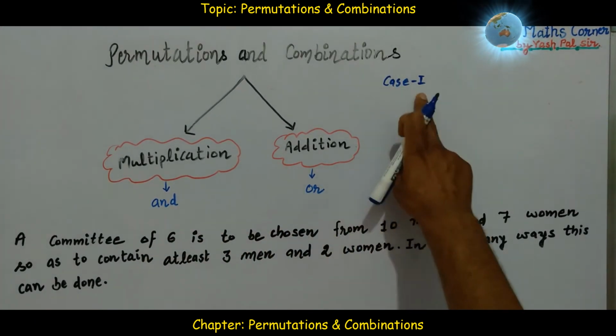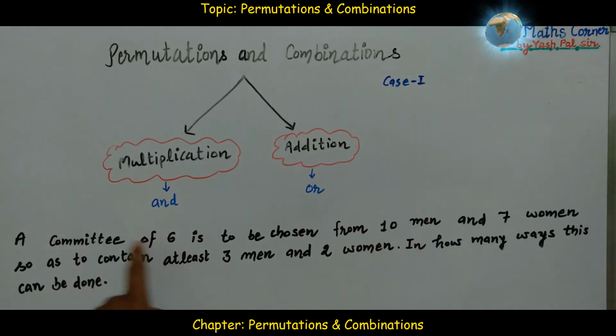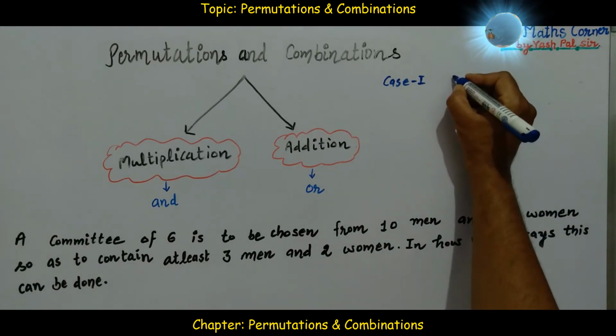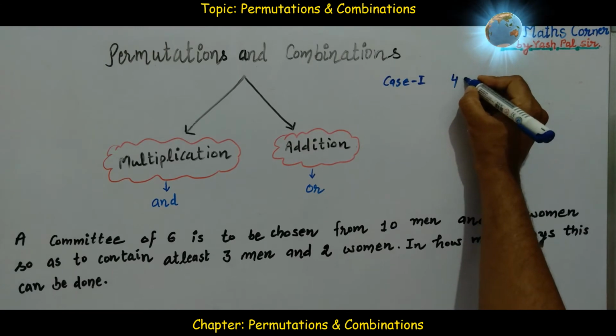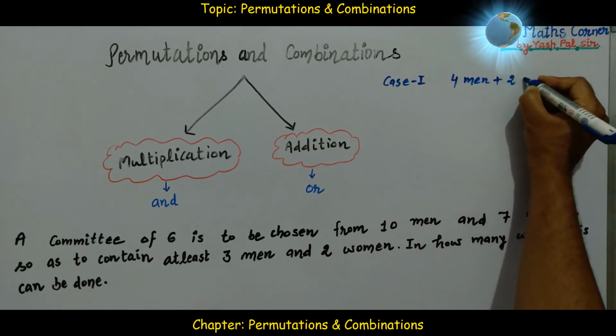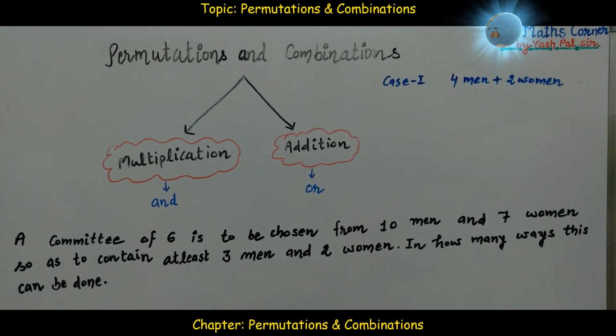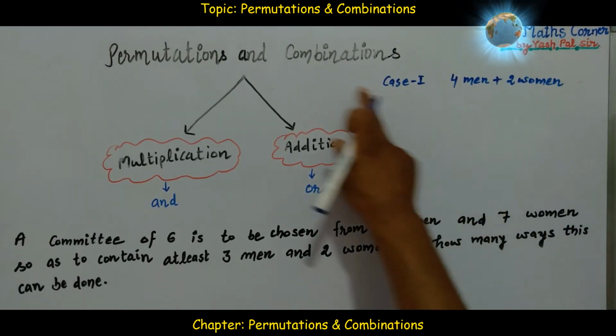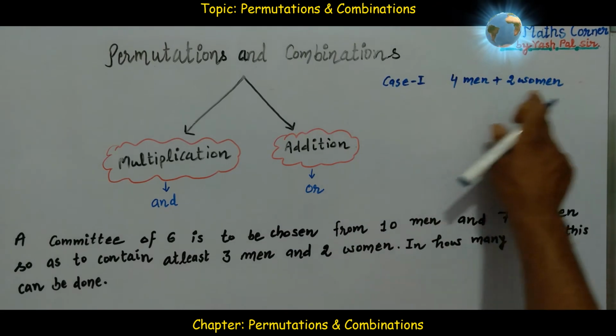Now case 1. What is case 1? A committee of 6 is to be chosen from 10 men and 7 women, so as to contain at least 3 men and 2 women. In case 1 we consider that we select 4 men plus 2 women. Now with the help of the combination formula, how can this be written?